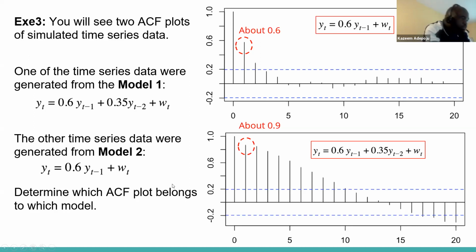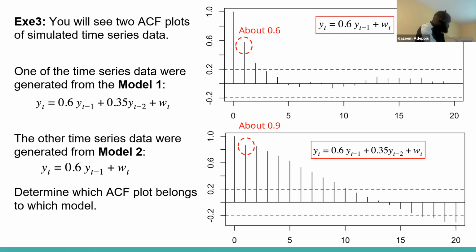Part of what I'm going to walk you through today is how you can identify the ACF plot corresponding to a particular model. I told you yesterday how to figure out the ACF plot manually and using the code. The ACF plot is just the plot of the autocorrelation at various lags. I think you get it now.